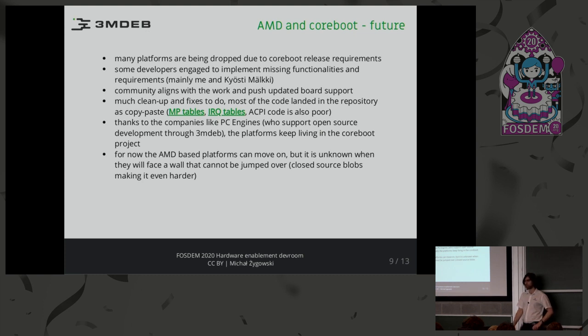There were very few developers that could even maintain some platforms. So the only hope is in PC Engines and other companies like this that support open source firmware effort. And we were recently struggling to cover as many chipsets as possible to maintain the support.